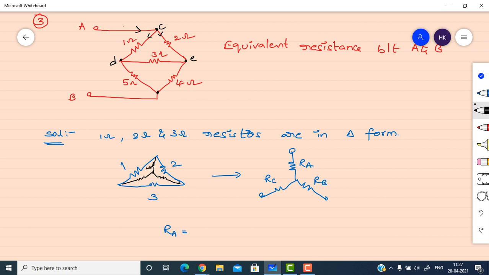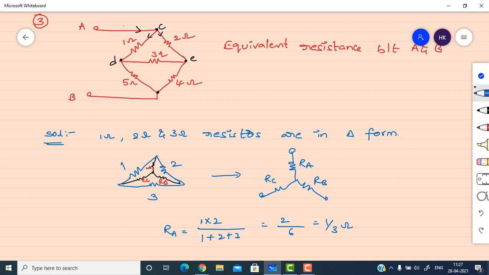This is RA, this is RB and this is RC. So RA is connected between 1 and 2. So multiply 1 and 2, 1 into 2 by the sum of the three, 1 plus 2 plus 3. 2 by 6 or it is 1 by 3. Yes.